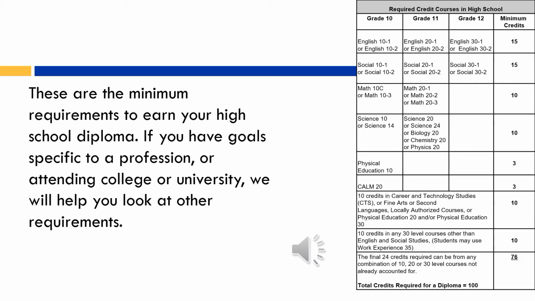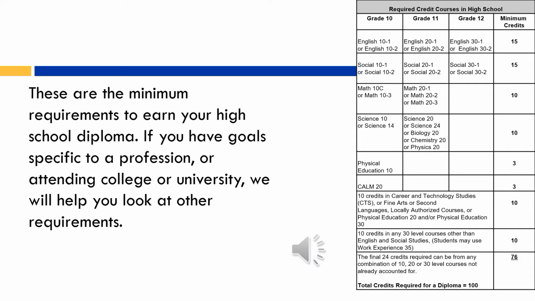And so typically speaking, this would be a 30 level class at the math or science level. You can also use work experience 35 or any combination of CTS or other courses at the 30 level. At Emmanuel, we do offer Sociology 30, which is a requirement to graduate from Emmanuel, which will fulfill a 30 level requirement there. And then from there, you'll need a combination of 24 other credits at the 10, 20, or 30 level, which gets you to that 100 credit mark.